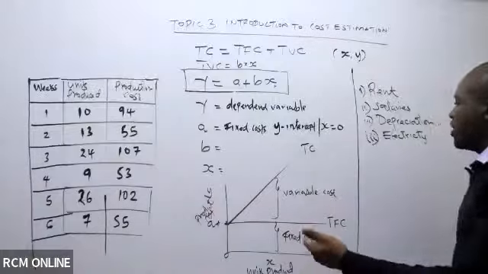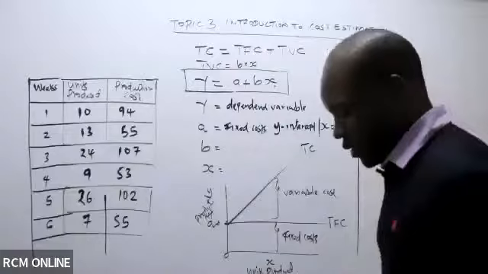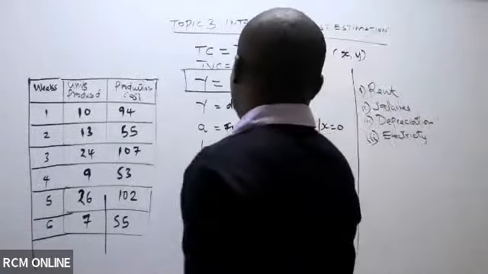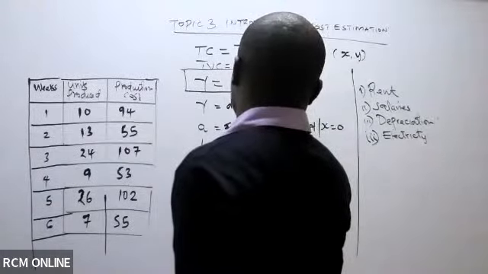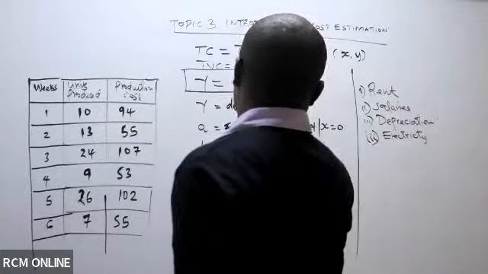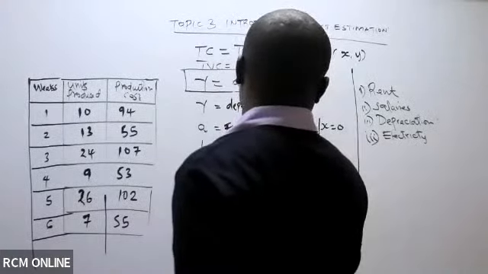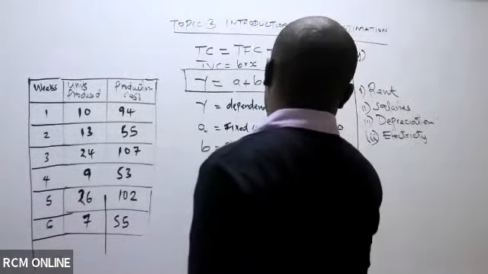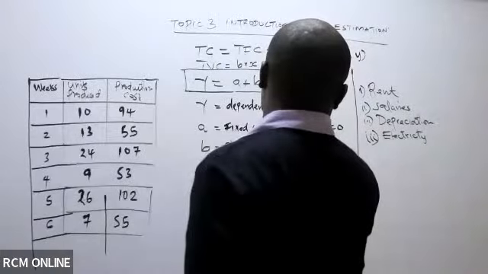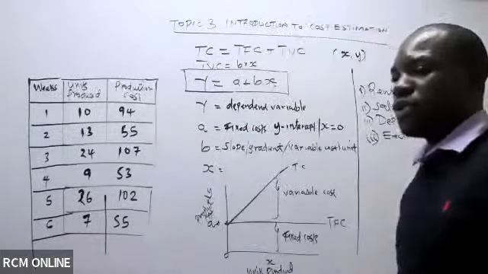Good. Now, how will we be able to get this B? What is this B? B is what we call the slope, or gradient, of the curve. But of course, in costing terms, we are calling this variable cost per unit.